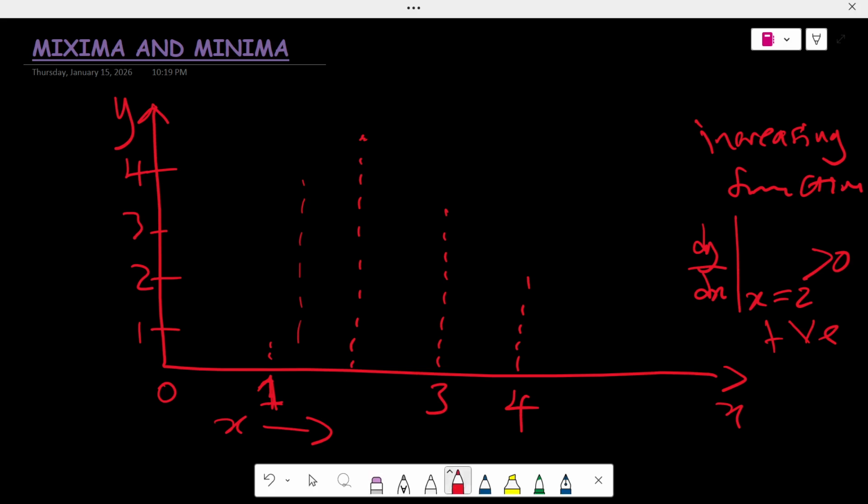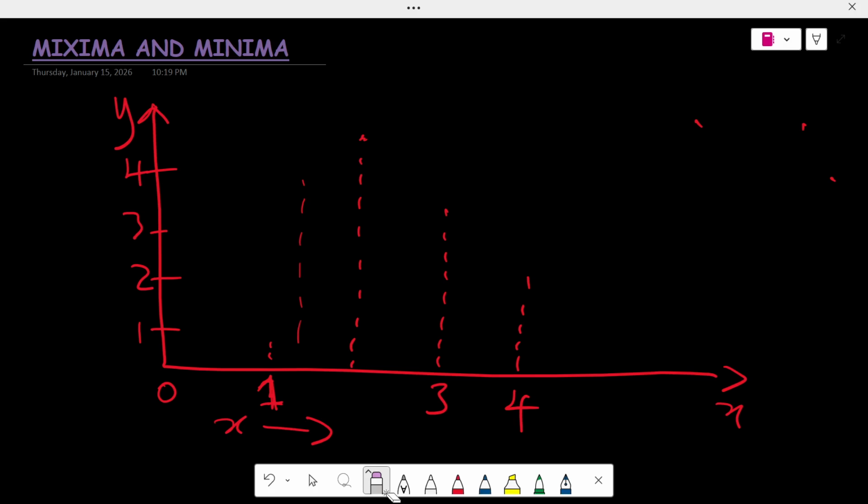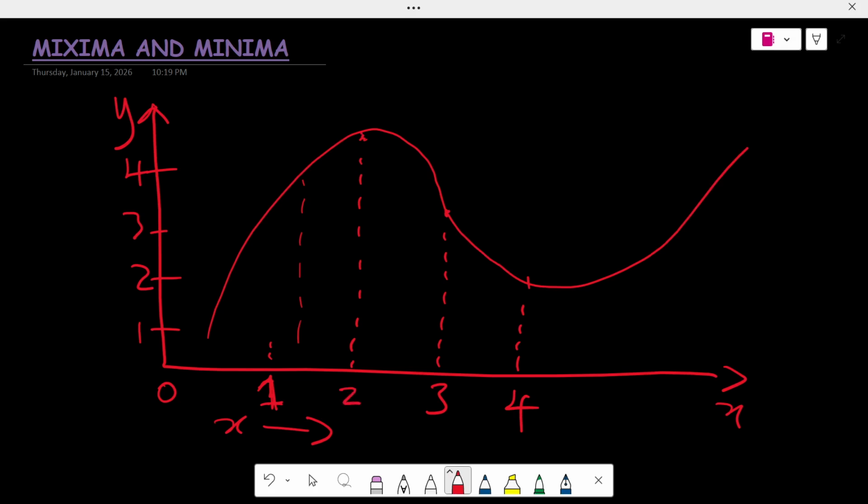Alright, so we can redraw that. Okay, so let's talk about a decreasing function. If a function is decreasing, it means at that point that we're considering, when we increase the values of x, the values of y are decreasing, right? For example, at point 3, let's say we have 2.9 here and we have 3.1 here.